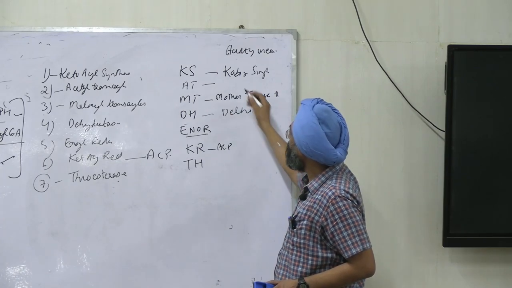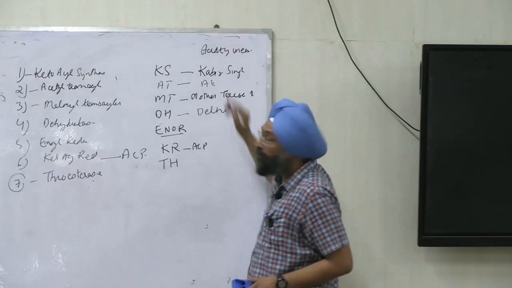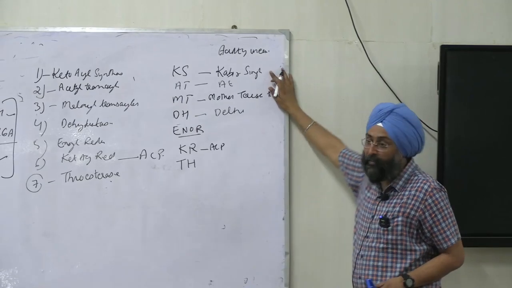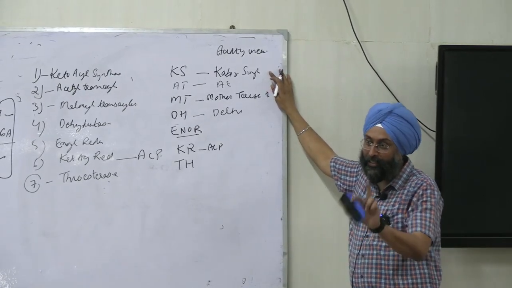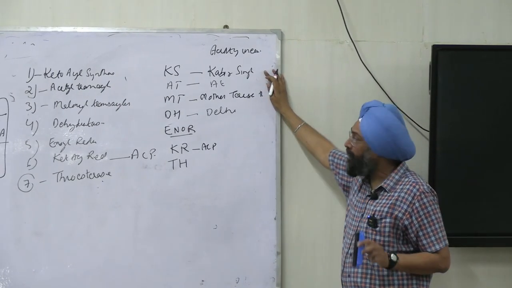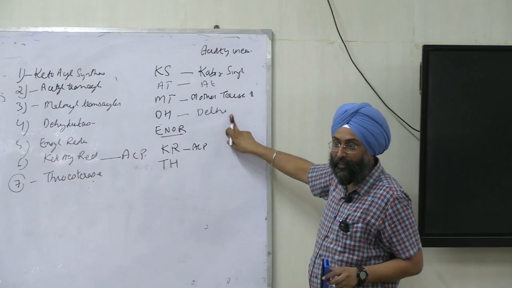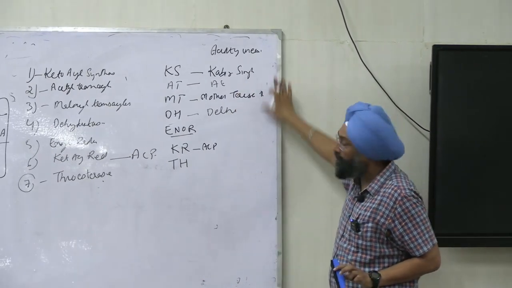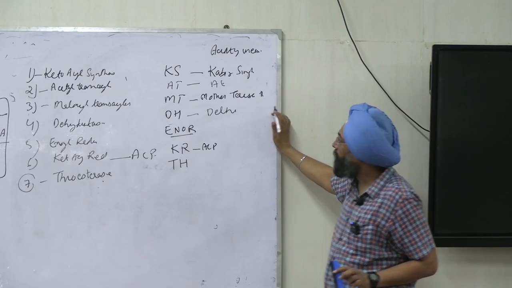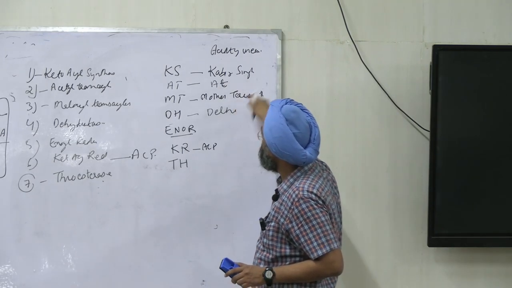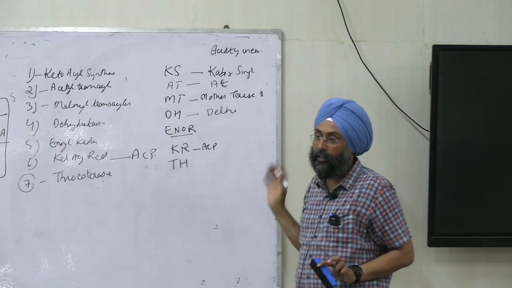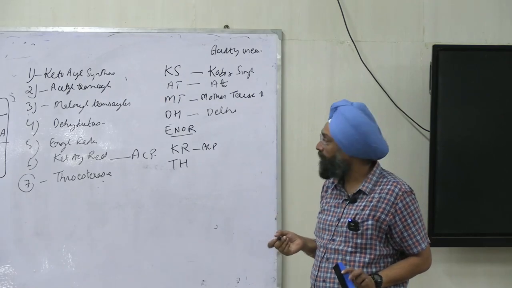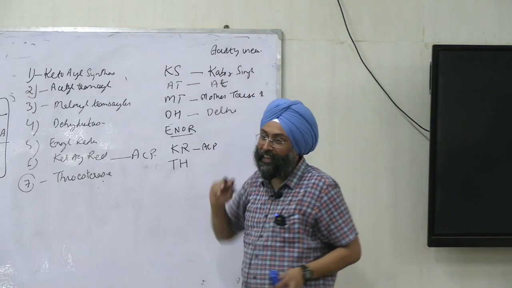At Delhi, right? Kabir Singh was feeling uneasy due to acidity, right? He was residing at Delhi, right? So he went to Mother Teresa hospital. The first four enzymes are done, right? Kabir Singh at Mother Teresa hospital, New Delhi, because he was having acidity, right? So he was having acidity.